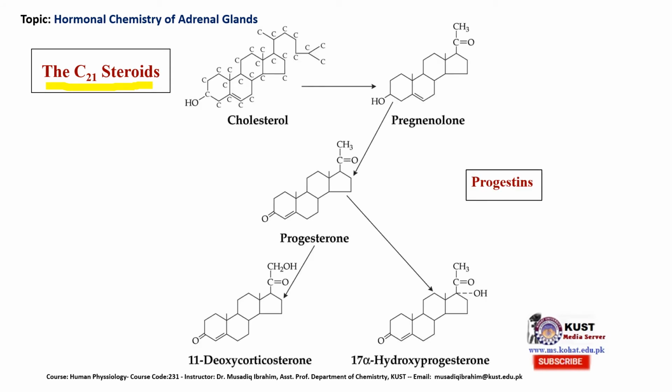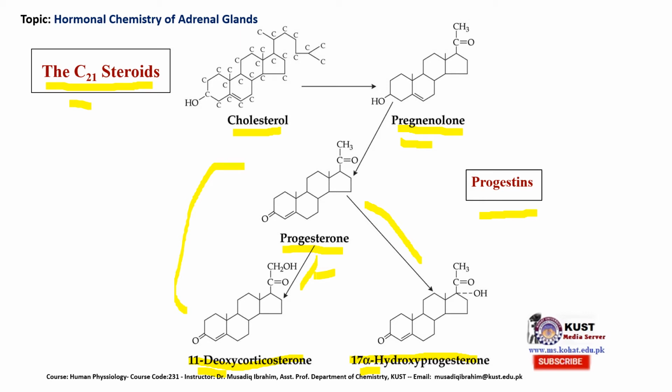Here you can see that cholesterol is converted into pregnenolone, and then pregnenolone is converted into progesterone, and then progesterone is either converted into 17 alpha hydroxyprogesterone, or into 11 deoxycorticosterone. All these steroids are known as the progestins, and pregnenolone, progesterone, 17 alpha hydroxyprogesterone and 11 deoxycorticosterone are all composed of 21 carbon atoms.